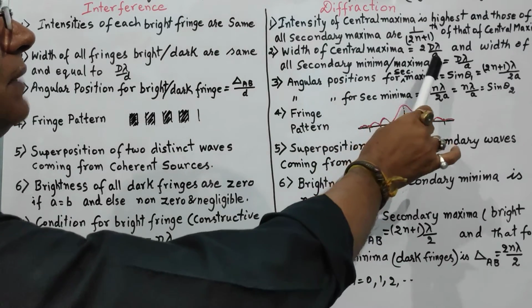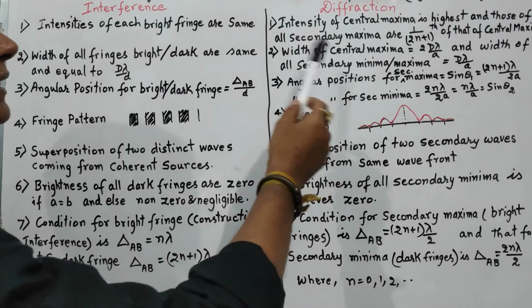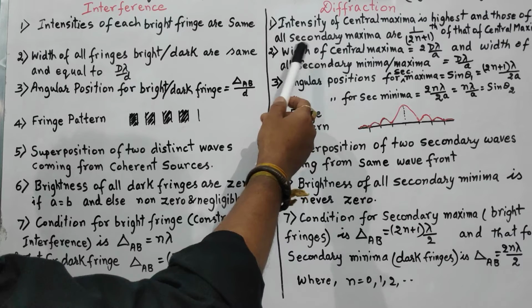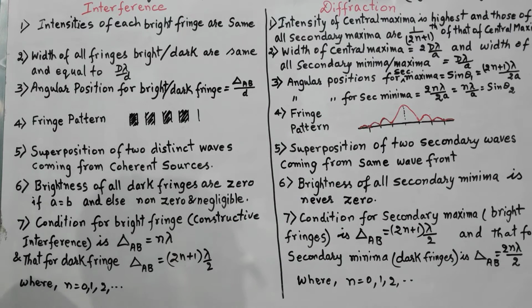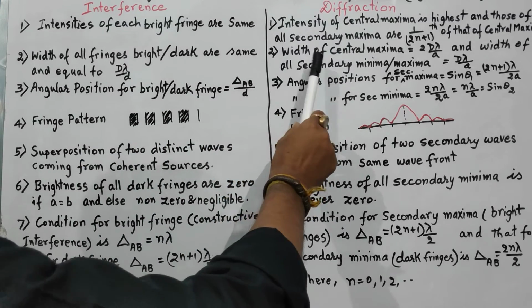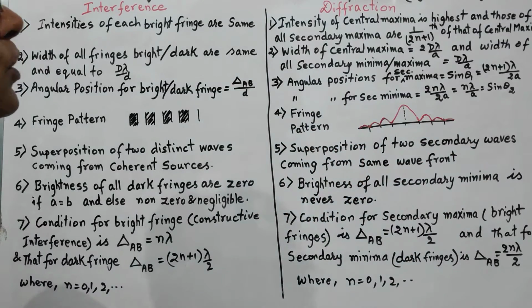Therefore we can understand that the fringe width in the case of diffraction varies: except for the central maxima, the secondary maxima and minima have the same value, but the width of the central maxima is just double that.